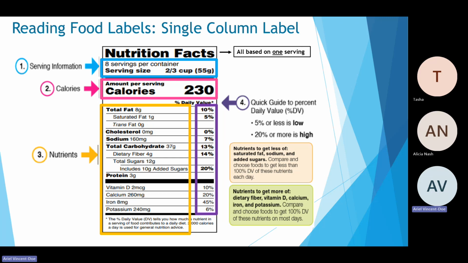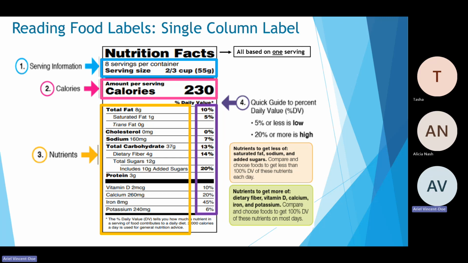So in your serving information section, you are going to have the servings as well as the serving size. So whenever you're looking at the nutritional fact label, you want to first take a look at the serving information. You want to look at the number of servings in the package and then the serving size. Serving sizes are standardized to make it easier to compare similar foods.